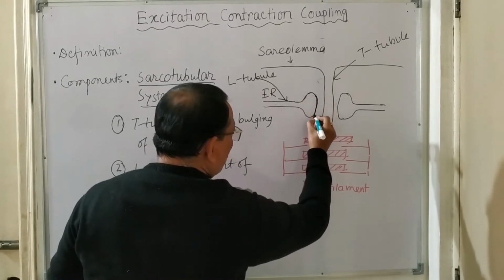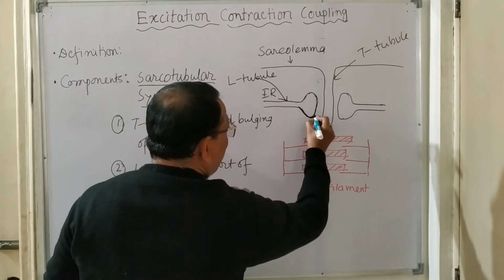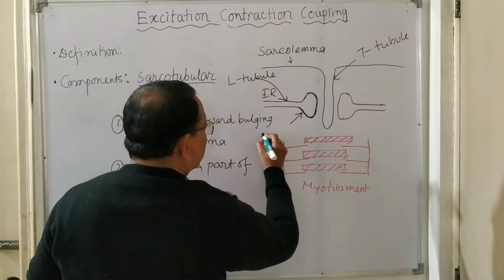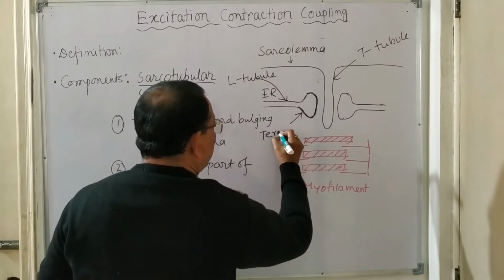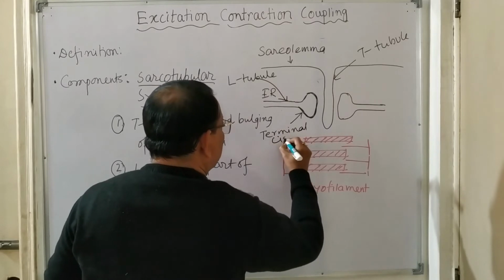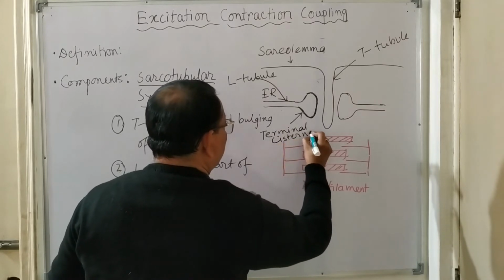ends as a sac-like structure, and this structure is known as the terminal cisternae.